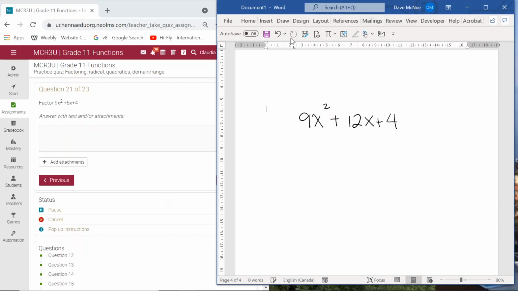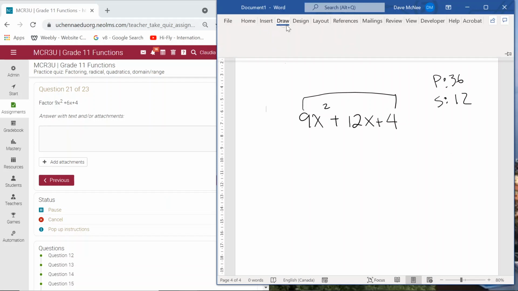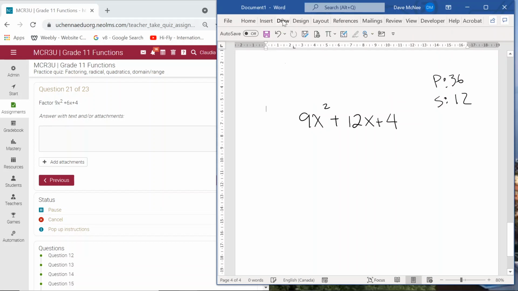If I wanted to do it, to factor it, because that's what I'm asked to do, I would try and do product sum. Now, product sum would mean that I would have to figure out what two numbers multiply to 36 and add to 12. However, there's a shortcut here, and the shortcut is that I can recognize that the first term and the last term are both perfect squares.